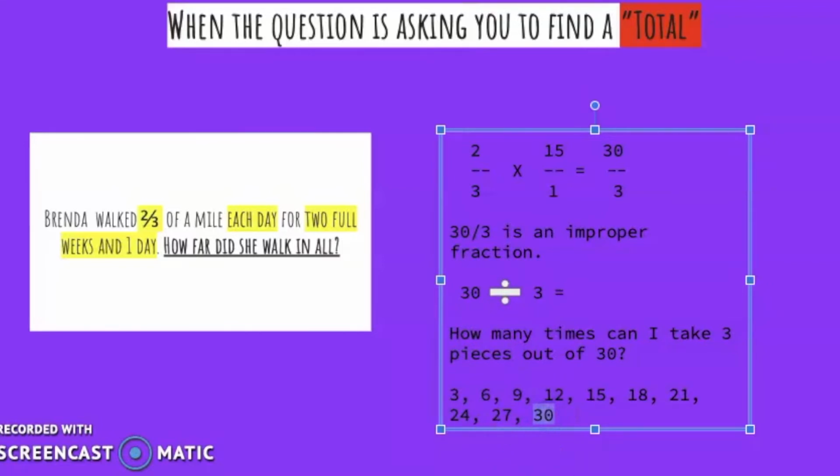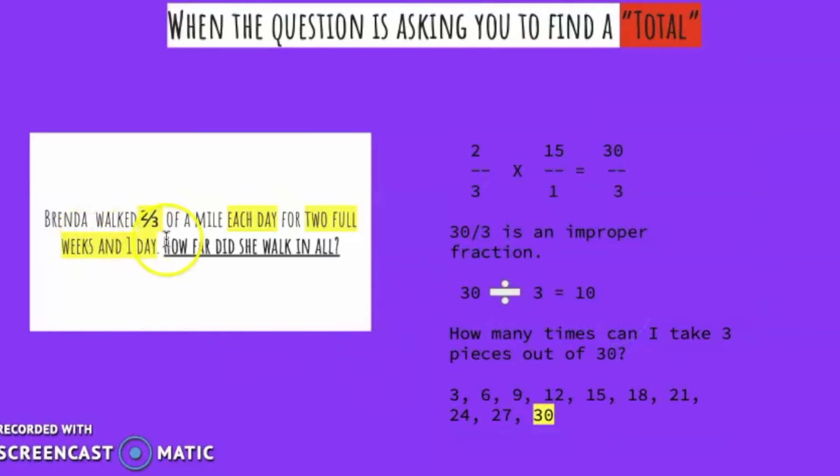I stop because I found the exact dividend that I have, 30. So now I'm going to count how many times I can take 3 pieces out of 30. 1, 2, 3, 4, 5, 6, 7, 8, 9, 10. So that tells me that 30 divided by 3 is 10.